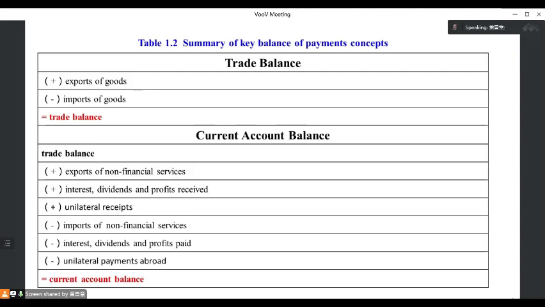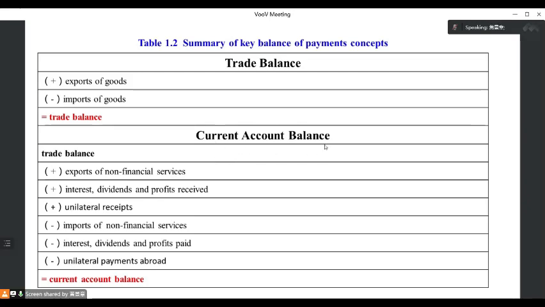Simply, exports we write plus, imports we write minus. Then exports of goods minus imports of goods will be the trade balance.